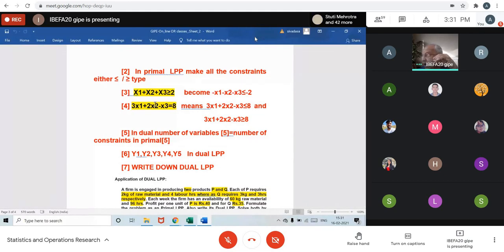I say, write the constraint 2 times, less than or equal to 8 and greater than or equal to 8. And multiply one of them by -1, so you will be getting either both less than or equal to or both greater than or equal to.